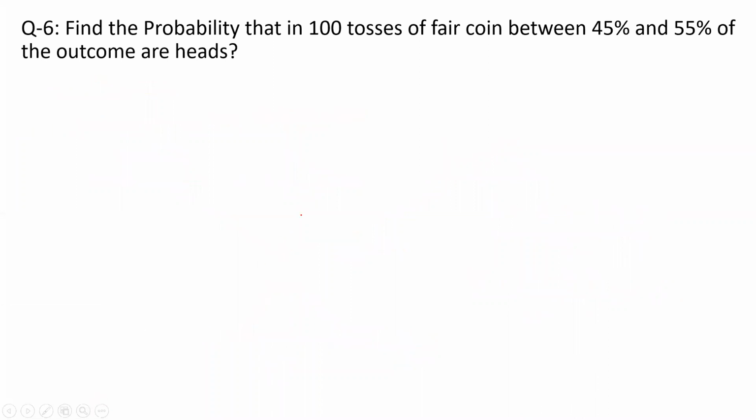So now let's go back to the problem. So let us see what we have here. Find the probability that in 100 tosses of a fair coin, between 45% and 55% of the outcomes are heads. So they are focusing on the number of heads here.